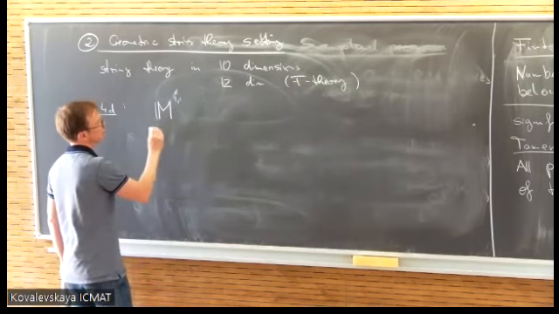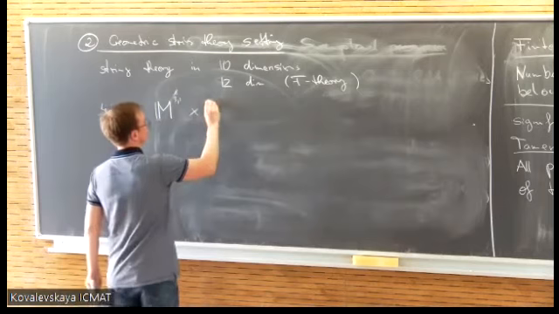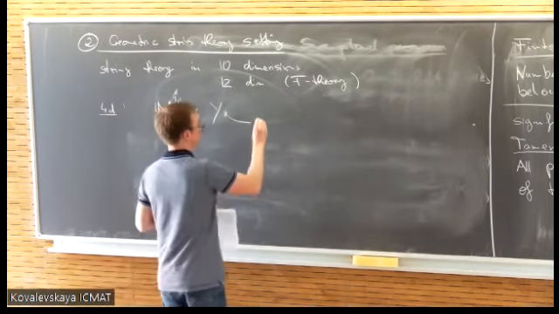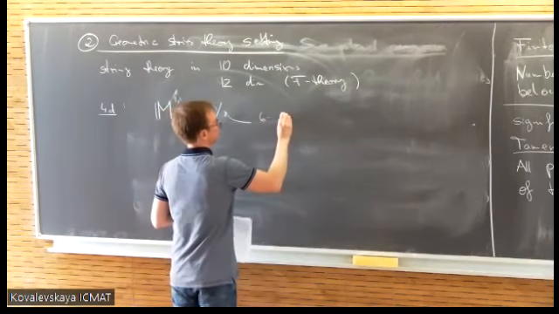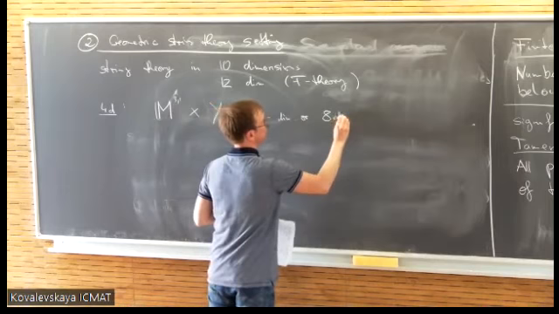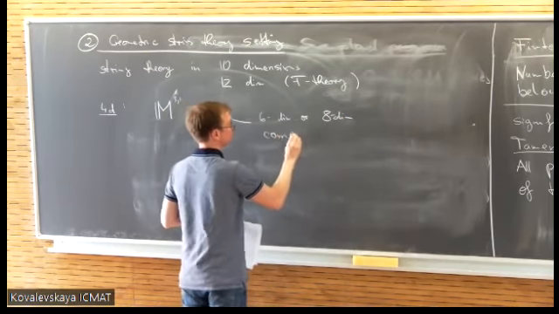So you imagine that we live here, and then some manifold Y, which has to be 6-dimensional or 8-dimensional, and it has to be compact.